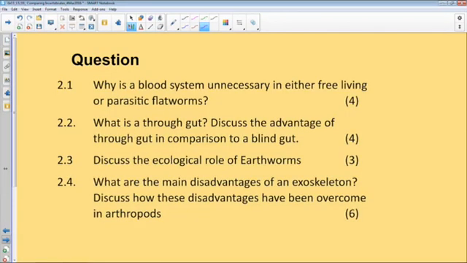So question 2.1. Why is a blood system unnecessary in either free-living or parasitic worms? So quite an open question. Essentially, in this group of organisms, we're referring to the tapeworm.